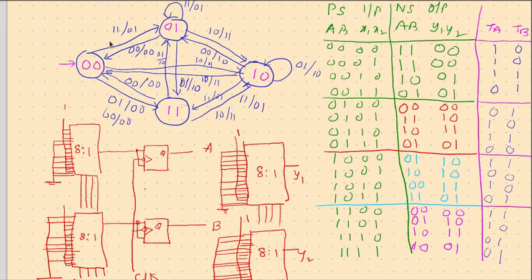So we have two inputs, let them be called x1, x2, and we need to generate two outputs y1, y2. Finally, the system should use these two inputs and produce these two outputs. That's it.